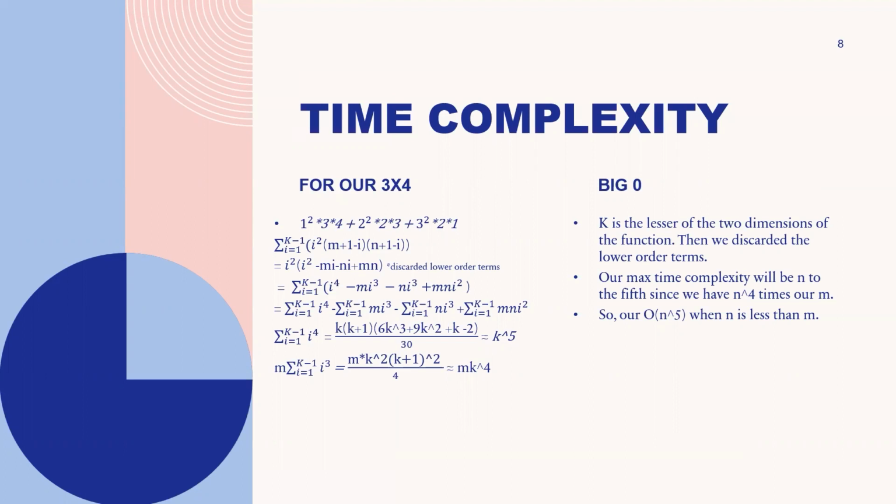Eventually we get to big O of n to the fifth, well, n to the fourth times our m or our k, which is roughly k to the fifth, or big O of n to the fifth.